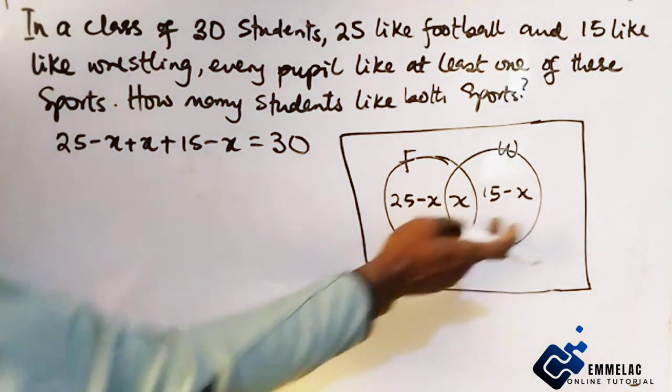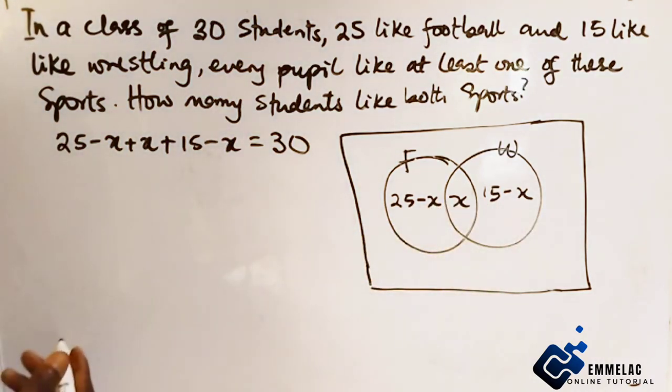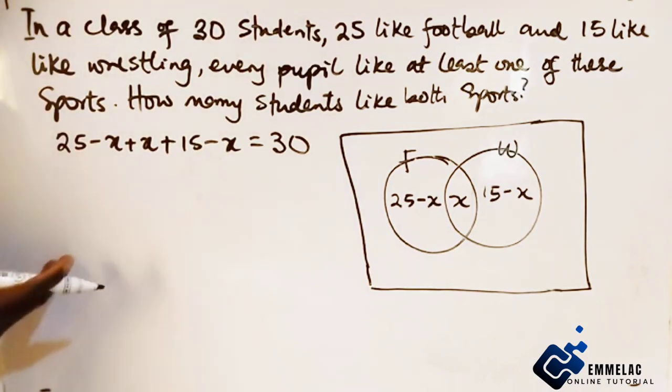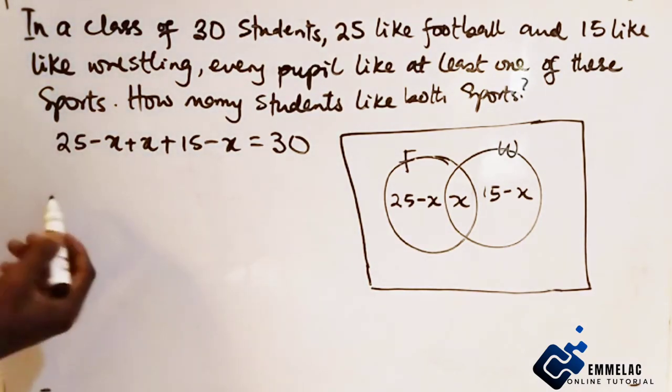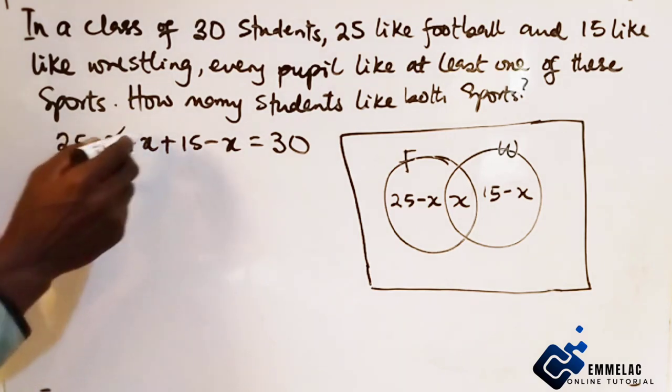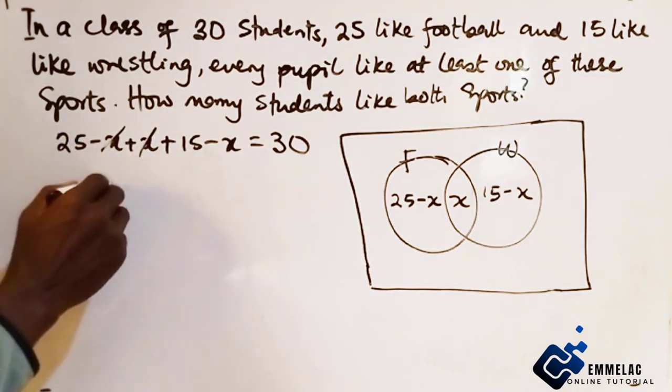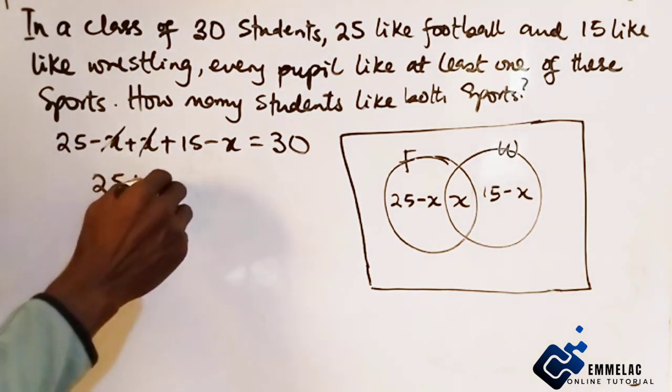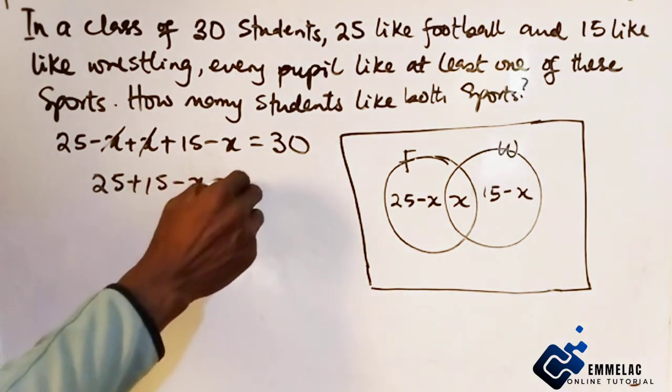The summation of everything must give you 30. Now let us solve for X. Here we have minus X plus X, so this cancels out. Here we have 25 plus 15 minus X equals 30.